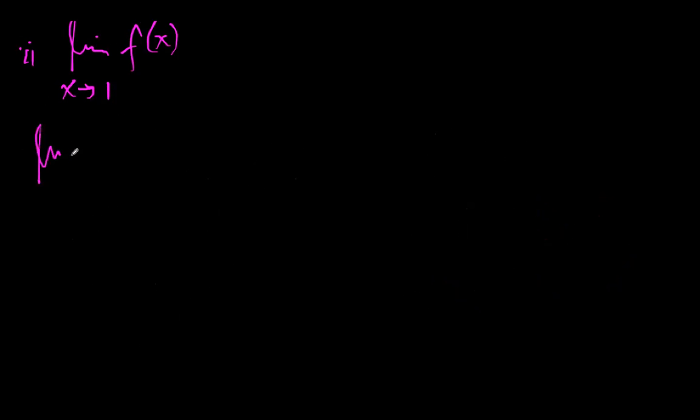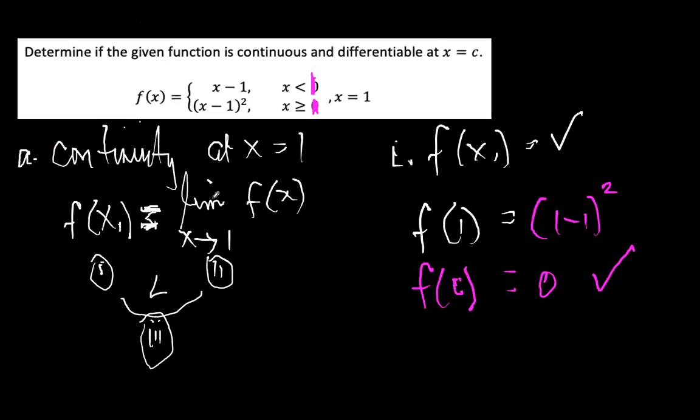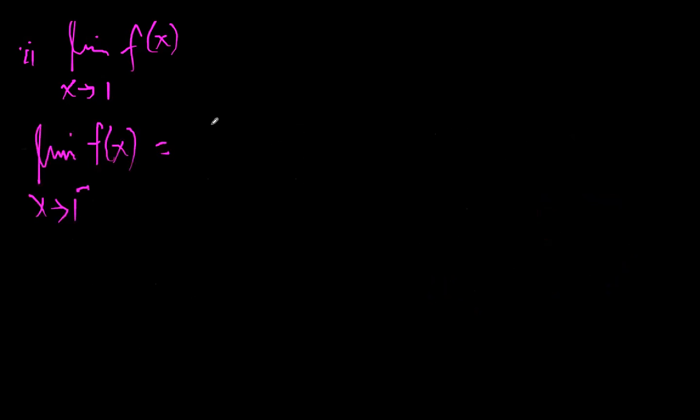So we have the limit of f of x as x approaches 1 from the left. Let's talk about from the left first. Okay, from the left, so when x is less than 1, we're going to use the second equation, the first subfunction here, which is x minus 1. So therefore, this becomes the limit of x minus 1 as x approaches 1 from the left, correct?